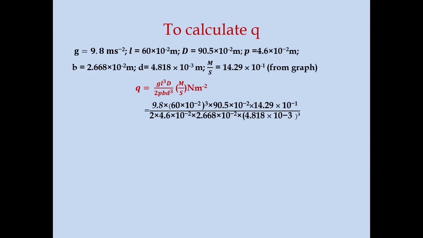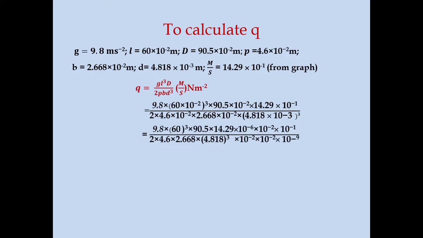So substituting 9.8 into 60 into 10 power minus 2, the whole cube, into 90.5 into 10 power minus 2, into 14.29 into 10 power minus 1, that is the M by S from the graph, divided by 2 into 4.6 into 10 power minus 2 into 2.668 into 10 power minus 2 into 4.818 into 10 power minus 3 the whole cube.